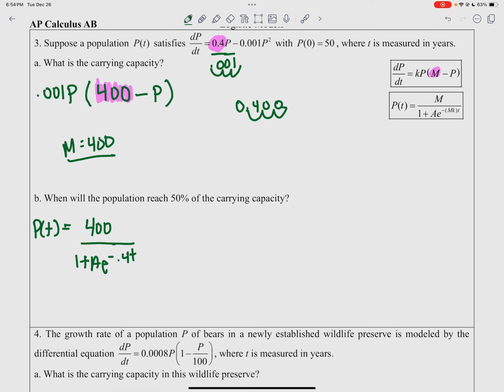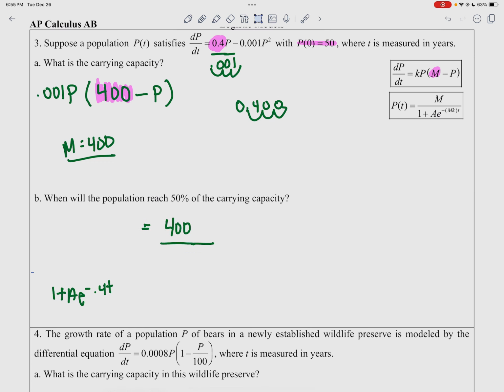All right, so to figure out what my a value is, we need to use my initial condition of p of 0 is equal to 50. So I'm going to plug in 50, and I'm going to flip-flop. Might as well flip-flop now. 400 divided by 50 is 8. Yeah, 8.